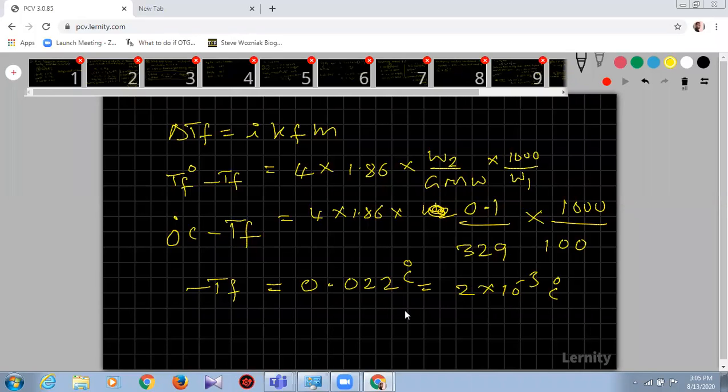Then Tf is equal to minus 2 into 10 power minus 3 degrees centigrade.